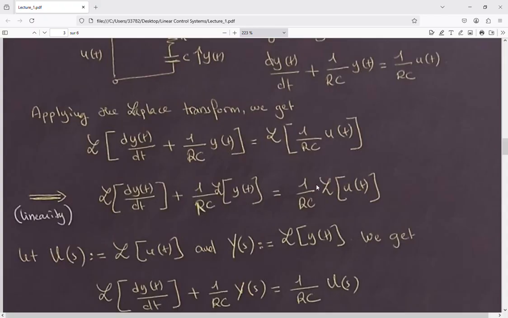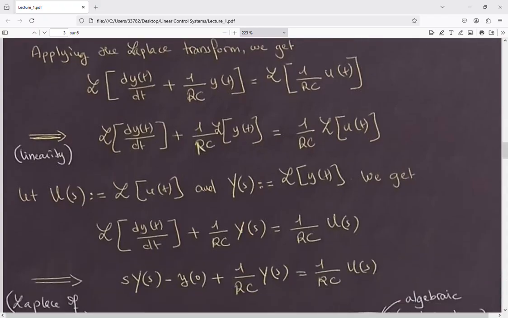Same thing here, I take out 1 over RC, and I get 1 over RC times the Laplace transform of my input. Now some notation: I will call big U of S the Laplace transform of my input, and big Y of S the Laplace transform of my output. So this equation can be rewritten like this. I just replaced the Laplace transform of Y by big Y, and the Laplace transform of U by big U. This is my notation.